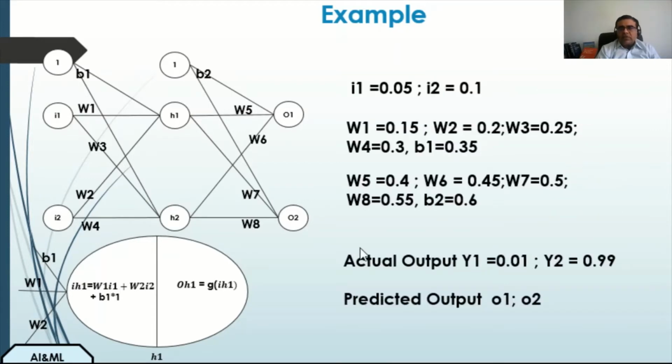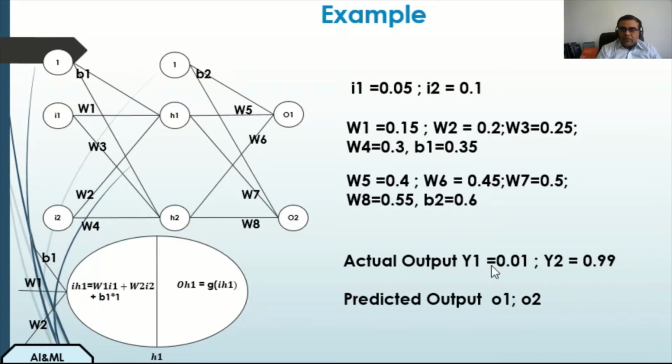So in this neural network, we have input values as 0.05 coming to node 1 and 0.1 coming to node 2. And initially we have assigned the weights in a random manner from W1 to W4 and the bias 1, and similarly from W5 to W8 and the bias 2.